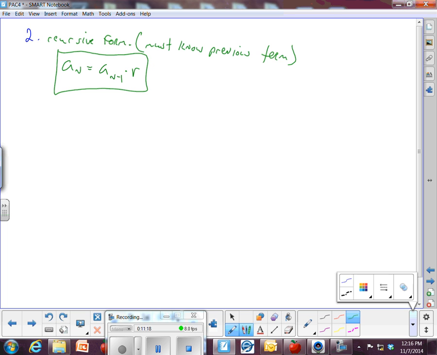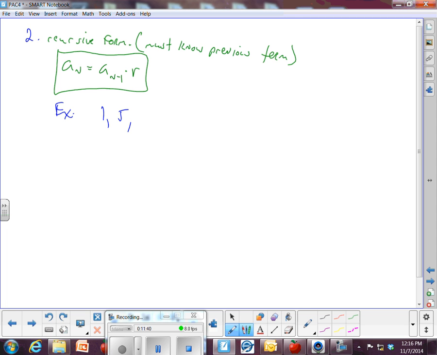So let's do one example. We'll get on to the more valuable one, and that's the explicit formula. So example. Let's suppose we had the very boring sequence of 1, 5, 9?